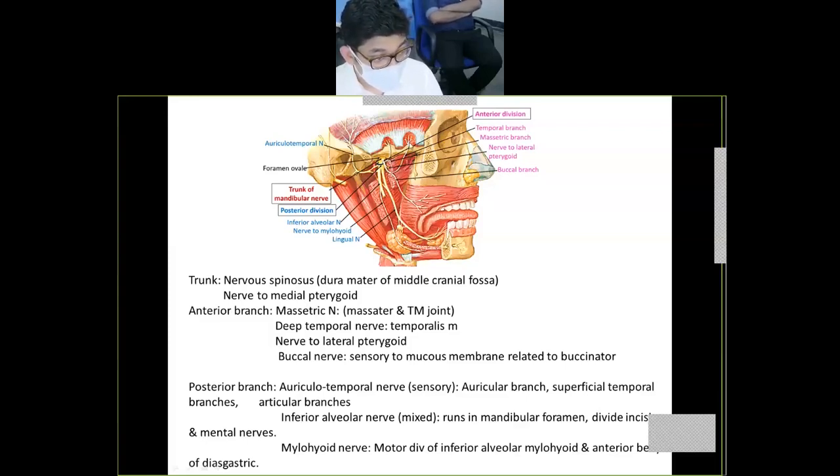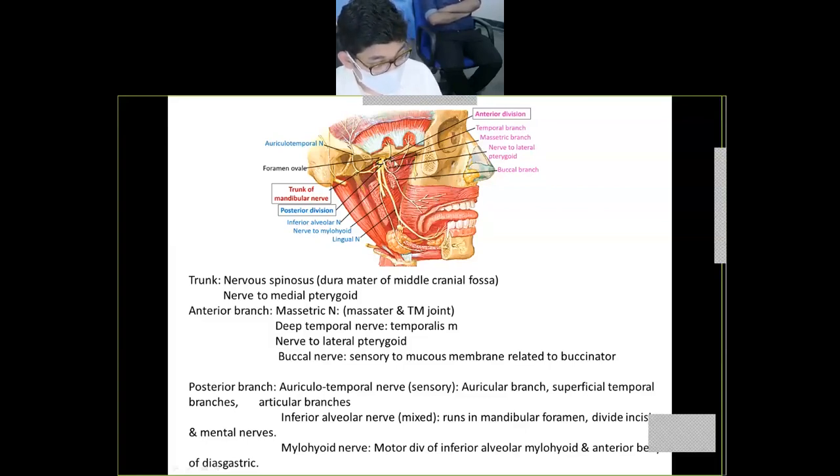There is nerve to the lateral pterygoid, supplying the lateral pterygoid, and there is a sensory nerve which is going like that, and this is known as the buccal nerve, which is sensory to the mucous membrane around the buccinator muscle.